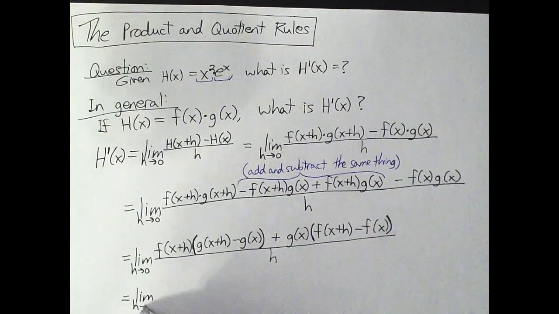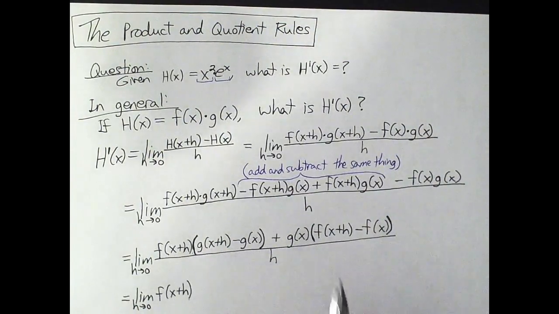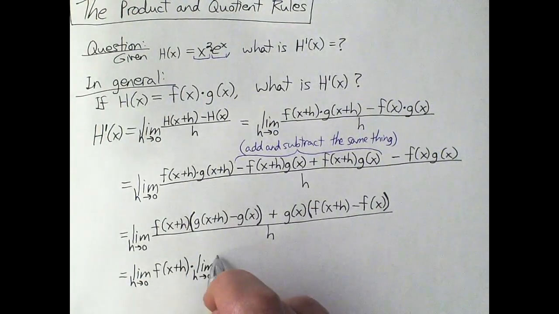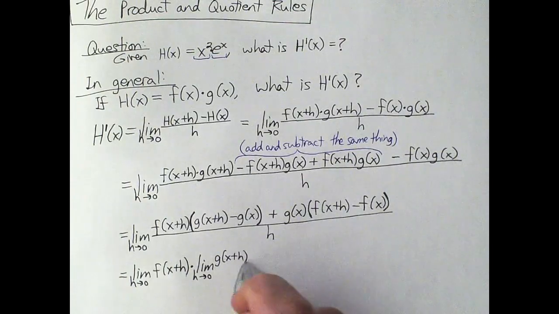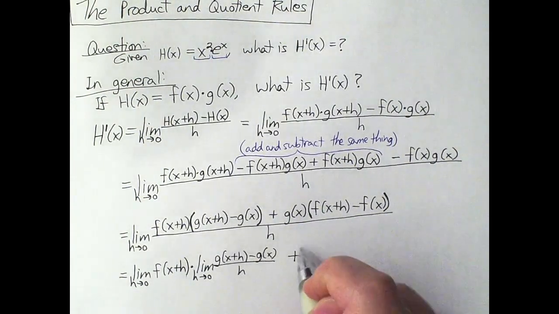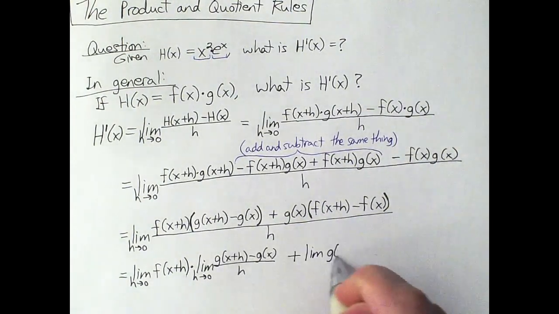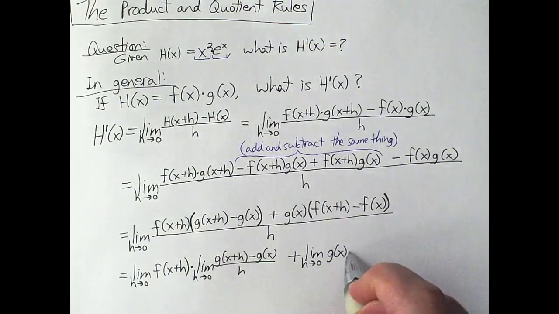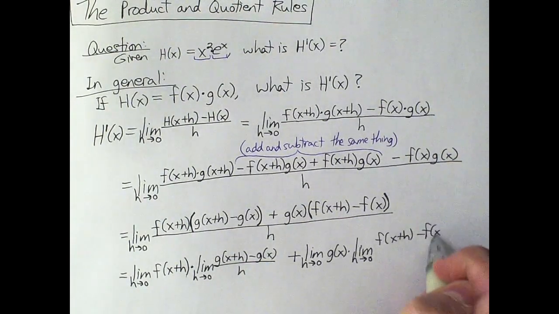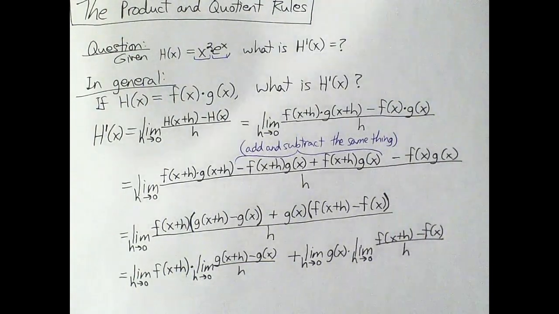First of all, I could take the limit of f of x plus h, just that, and make that one piece. And then I could have the limit as h goes to 0 of g of x plus h minus g of x over h, plus, let's do the limit of just g of x times the limit of f of x plus h minus f of x, all of that over h.